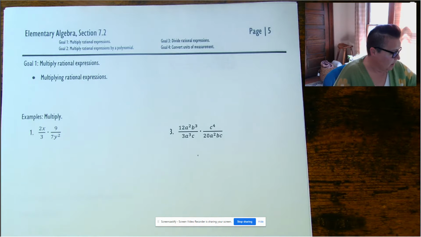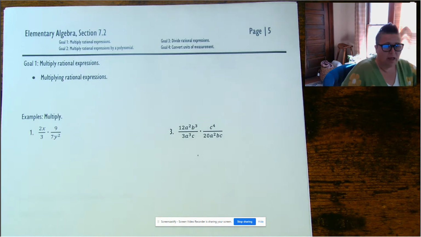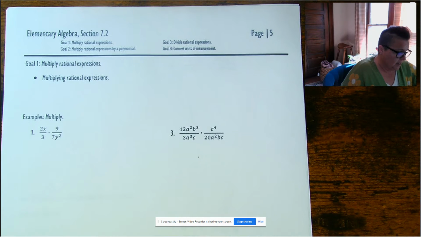All right, so we introduced Chapter 7 and rational expressions last section. So this section, we're going to start working with them. We're going to be multiplying and dividing rational expressions. When you multiply rational expressions, basically it's just like when you multiply fractions.